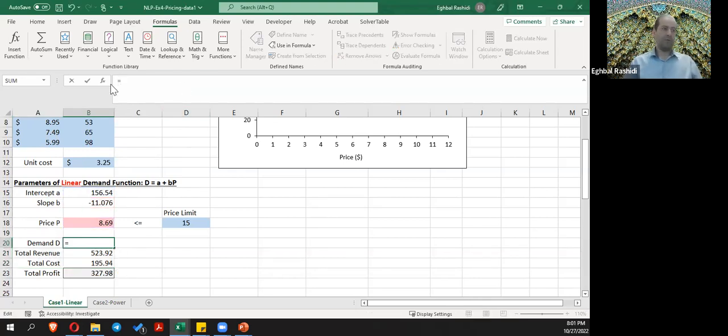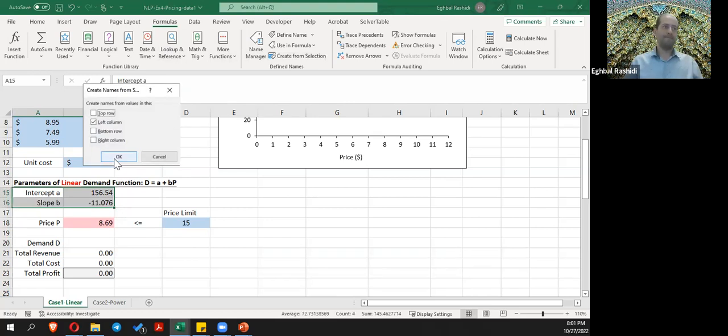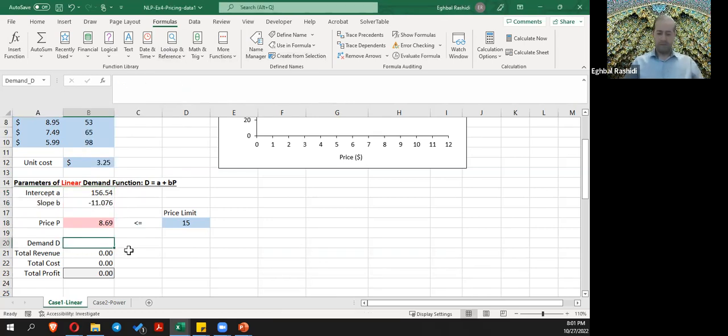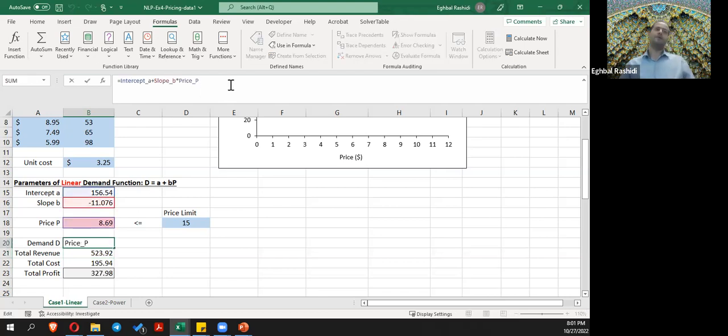So now I'm going to say demand is equal to the intercept. I'm going to also name these. So demand is equal to the intercept plus B multiplied by price. That looks better. This way it's easier to track if you have made a mistake or not.